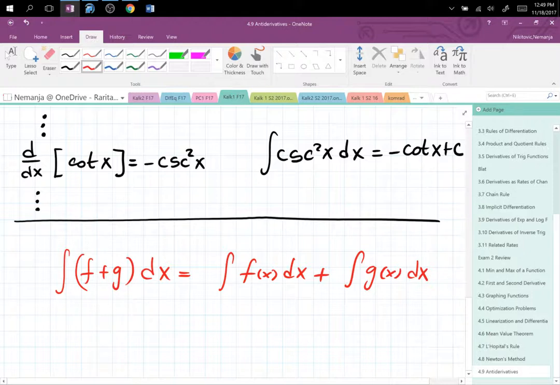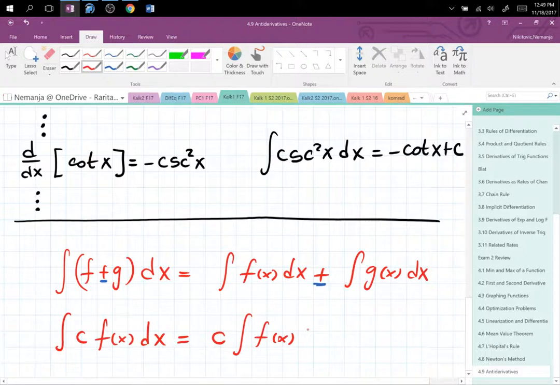So if you have integral of two functions that are either added or subtracted, I'll add the minus sign now underneath. And then if there is a constant, we kick c in front of the integral.